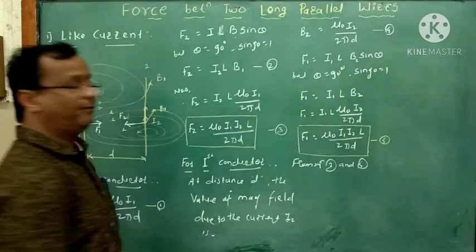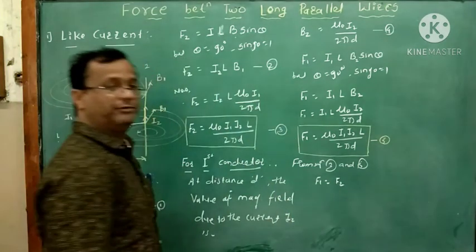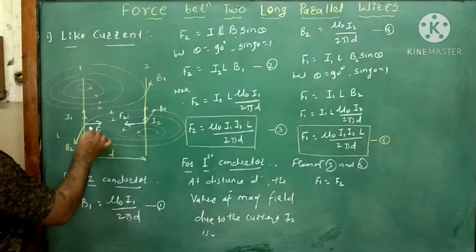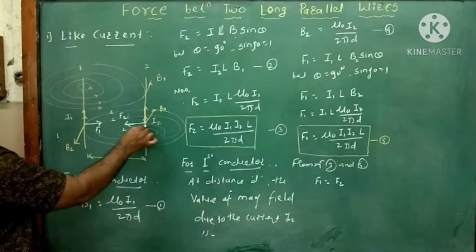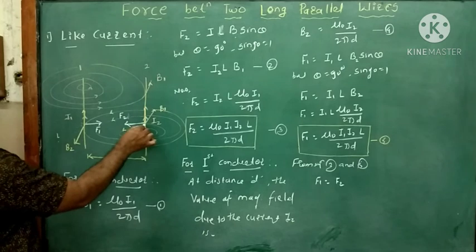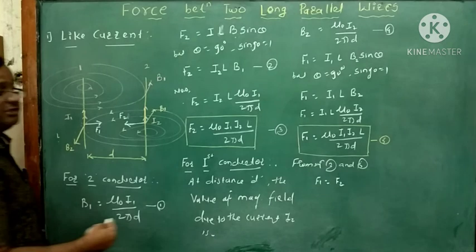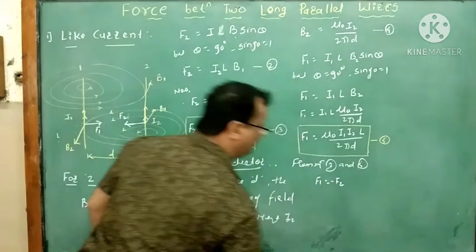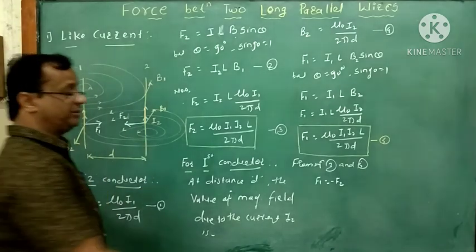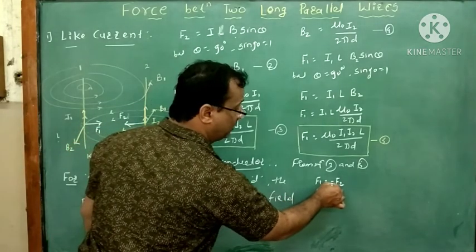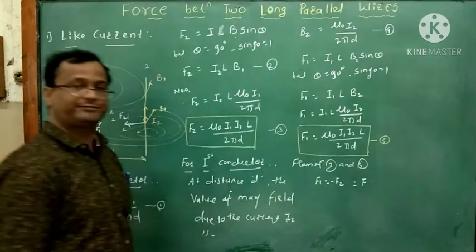The magnitude of F1 and F2 is as it is, F1 is equal to F2. But if you see, the direction of F1 is from the first conductor toward the second one, and the direction of F2 is from second to first one. It means that their directions are opposite, so that's why we give the minus sign. Magnitude is same, only their directions are opposite, so F1 is equal to minus F2, which is equal to simply F.